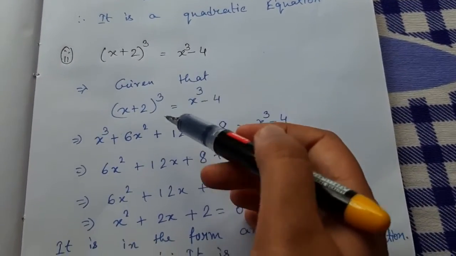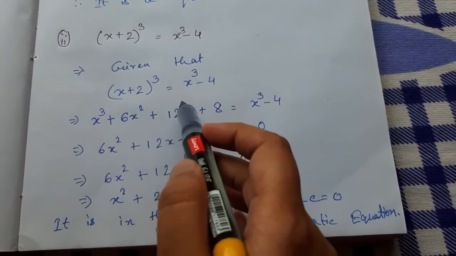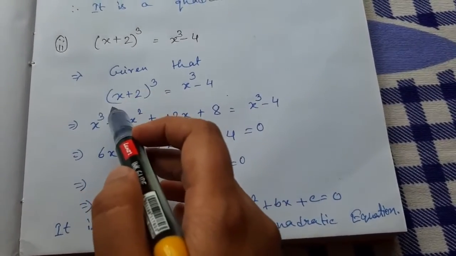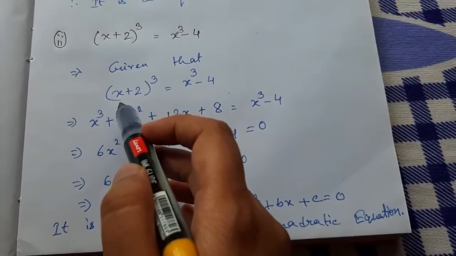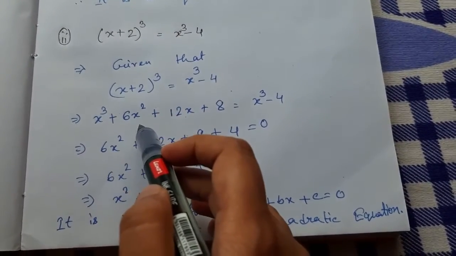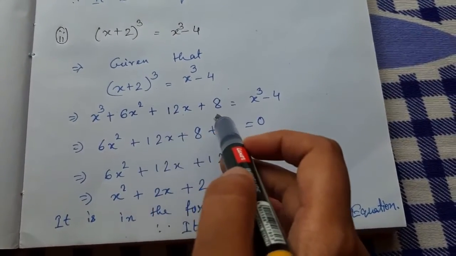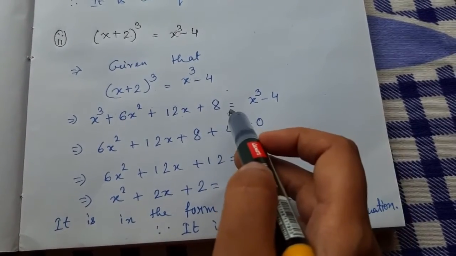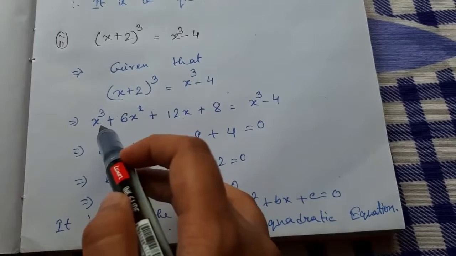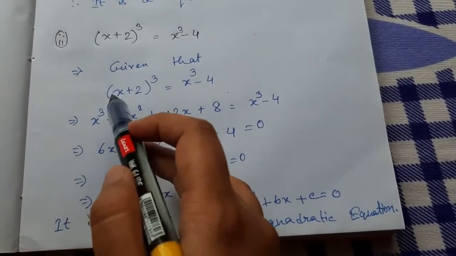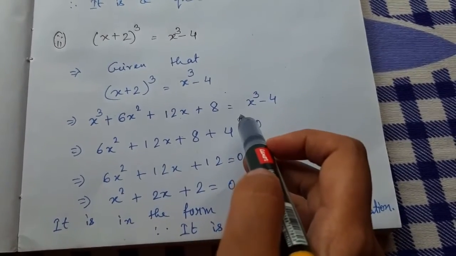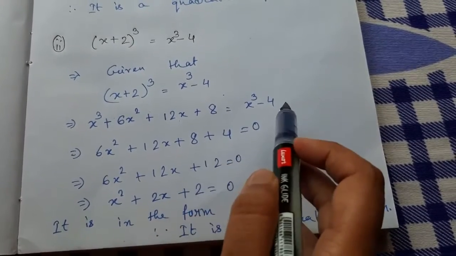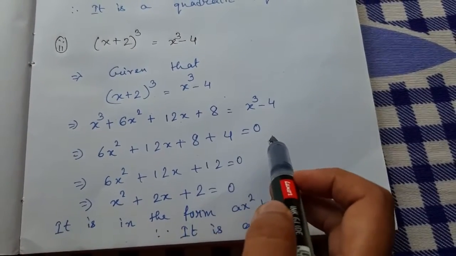Now look at the solution. x plus 2 whole cube equal to x cube minus 4. Now I am expanding this side with the help of the a plus b whole cube identity. It will be x cube plus 6x square plus 12x plus 8 equal to x cube minus 4. Since this is an equation and x cube is common on both sides, you can cancel these two. So the remaining will be 6x square plus 12x plus 8, and this will be plus 4 equal to 0.